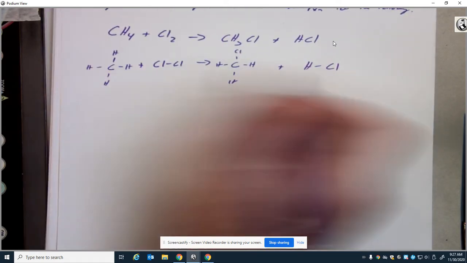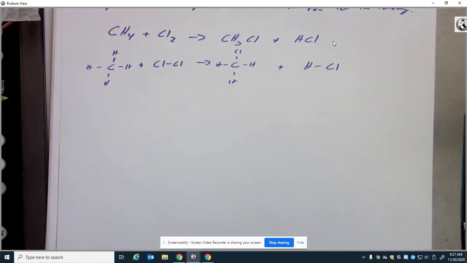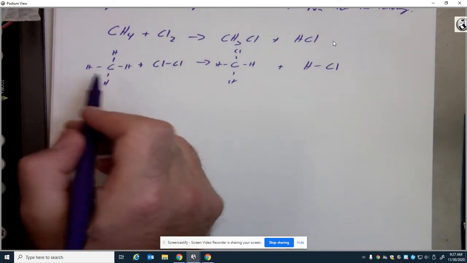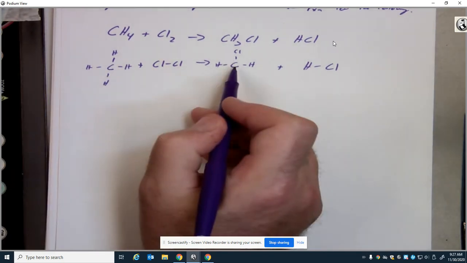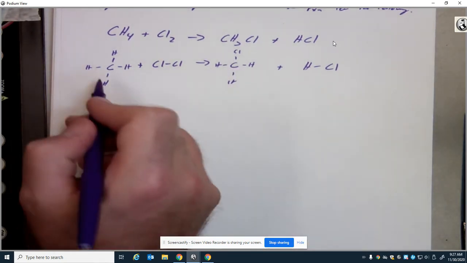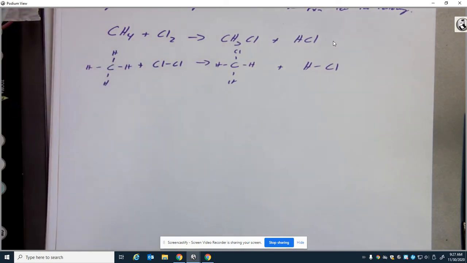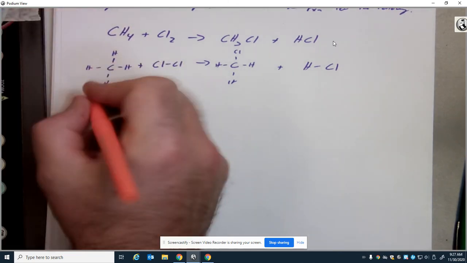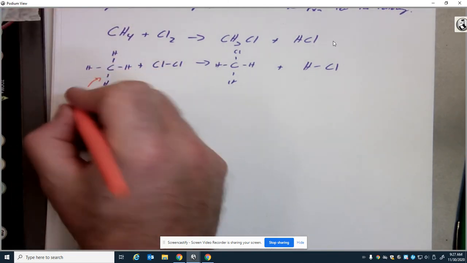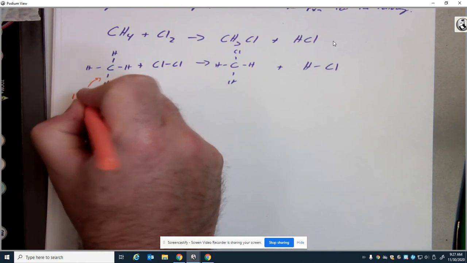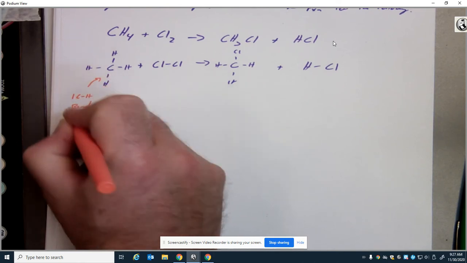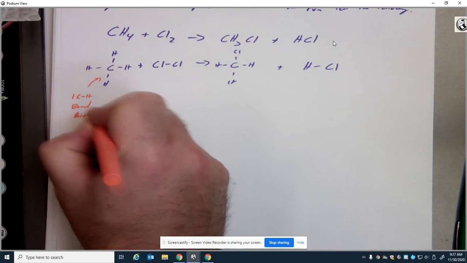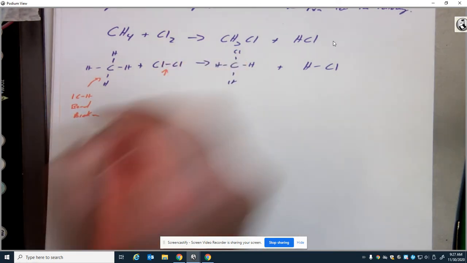Okay, so we can look at the bonds formed and bonds broken. If we compare the carbon molecule to this carbon molecule, we're breaking one CH bond. So one of these CH bonds is being broken. We have to break this bond.